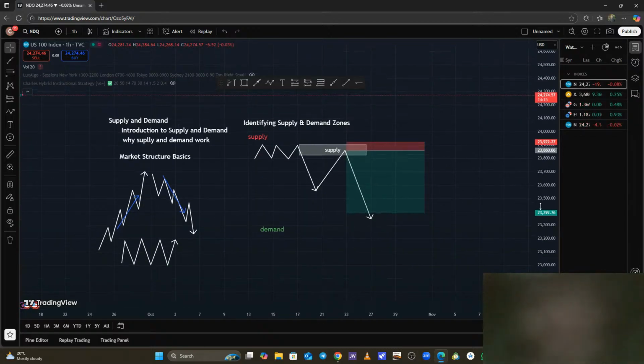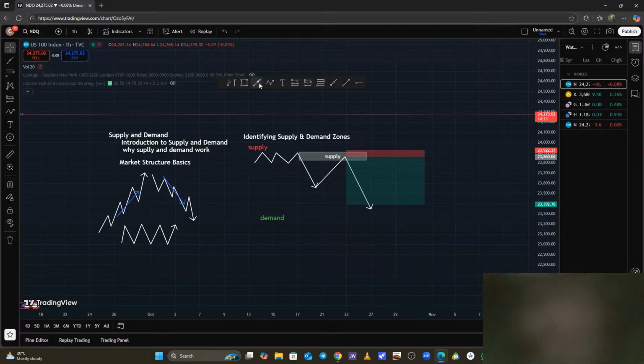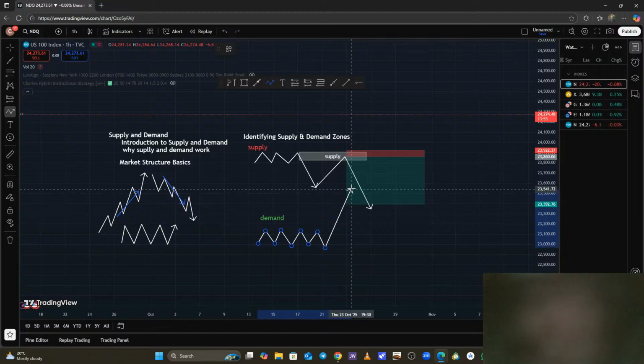Just like supply, demand also works similar to supply. You need to find a consolidation or a base. We'll explain this in detail when we are looking at the charts. So we have the sideways move like this, then we have a sharp move to the upside.